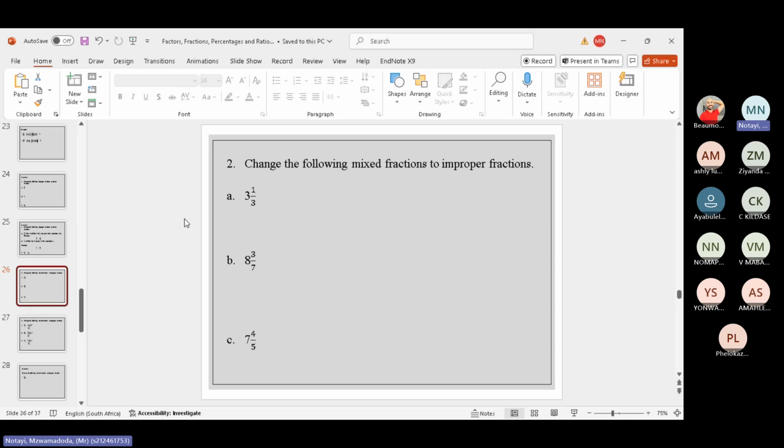Remember, the whole number will be multiplied by the denominator, and then the answer is added to the numerator, and then you keep the existing denominator.